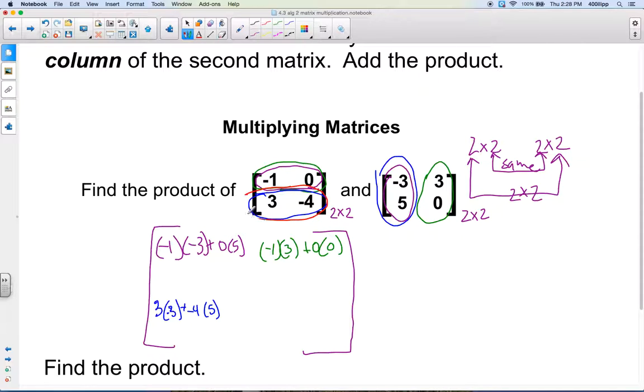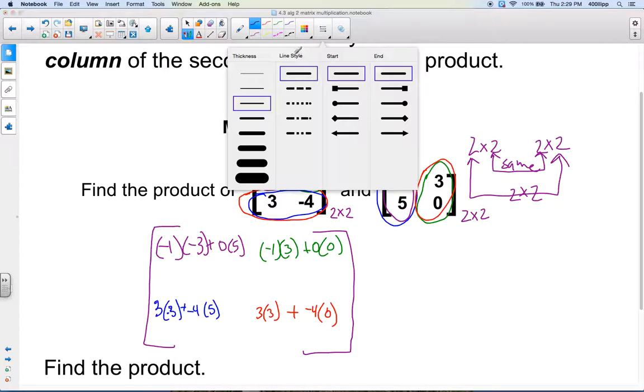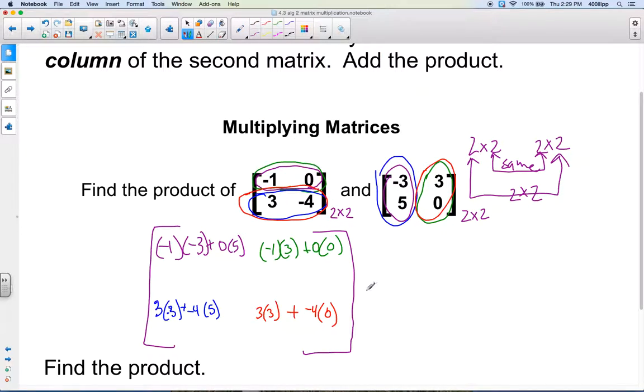Sorry, these colors are kind of overlapping here. Hopefully not getting too confusing. Okay, second row, second column. So we're going to go 3 times 3 plus -4 times 0. Okay, so now we're going to just solve them and see what we come up with. That will be our product matrix.